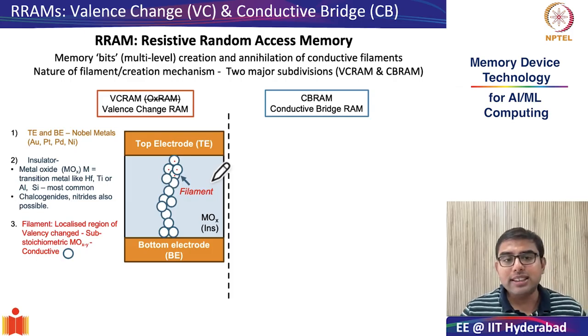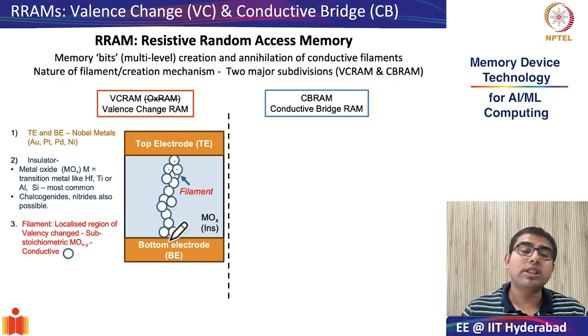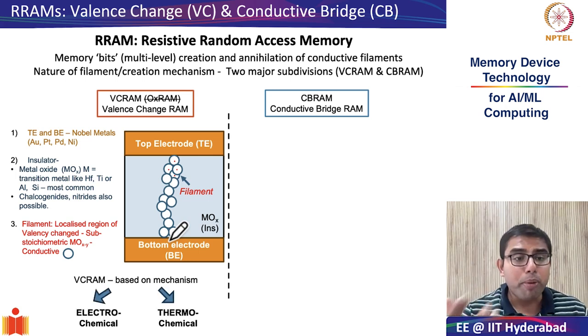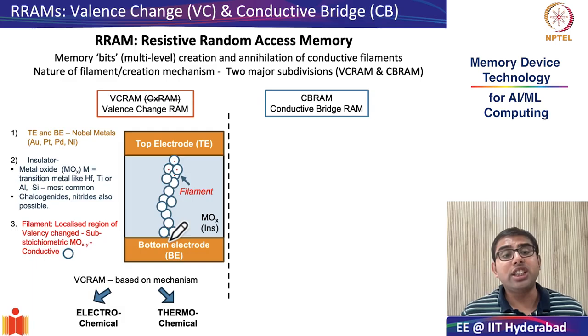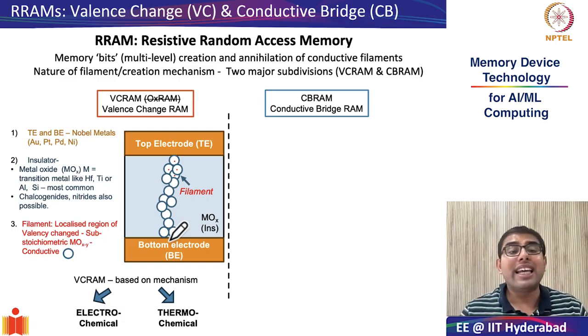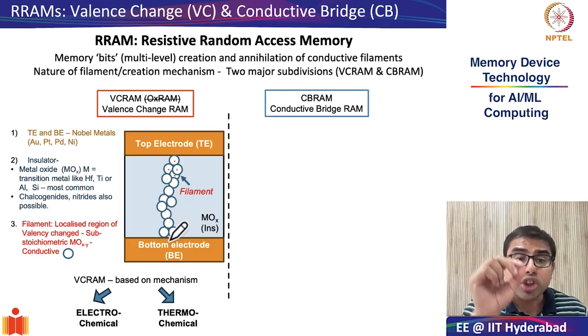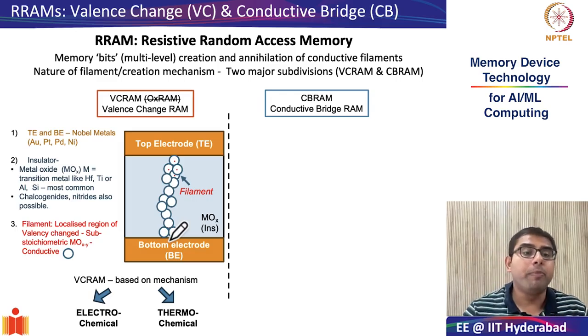So how does this metal oxide get transformed only in localized regions to substoichiometric filaments? That is something that we will see in the next class. But it is important to know that valence change RAMs are based on two further subdivisions in the mechanism of formation and dissolution of this substoichiometric oxide filament.